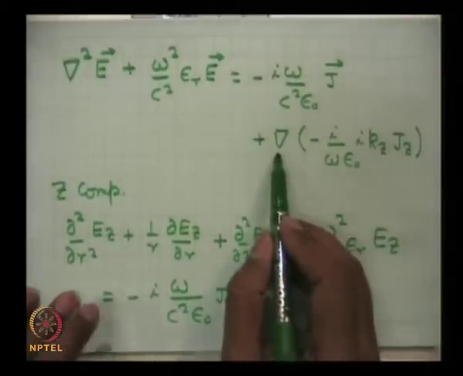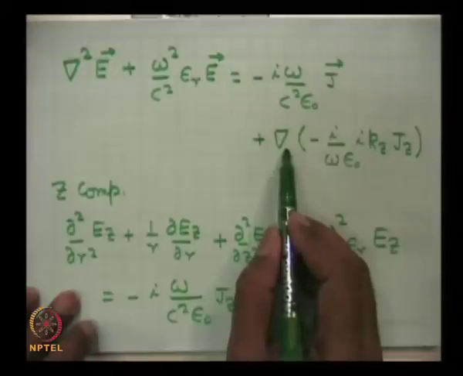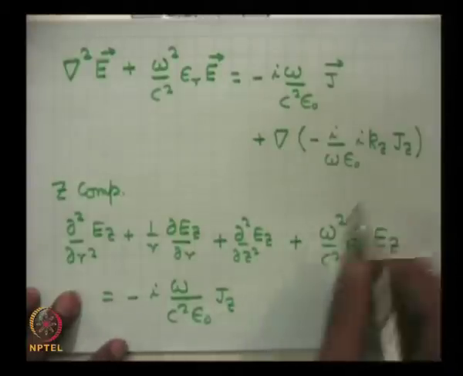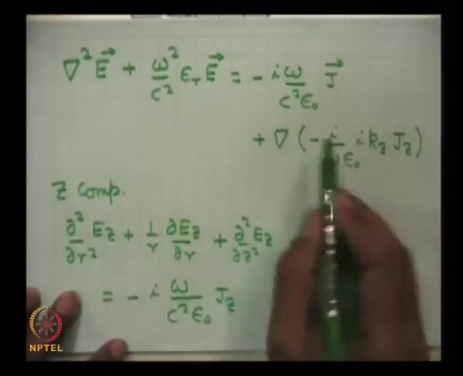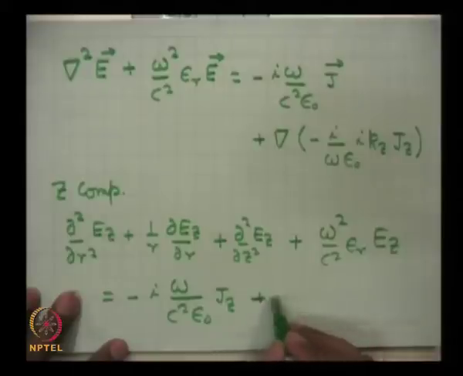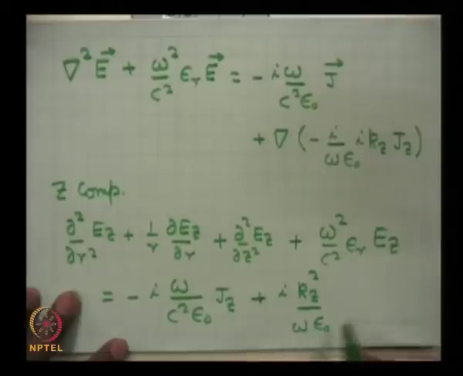The del operator z component is delta delta z, which is i kz. So if I put i kz here, i kz and minus i will become plus, so it becomes plus i kz square over omega epsilon 0 into Jz.